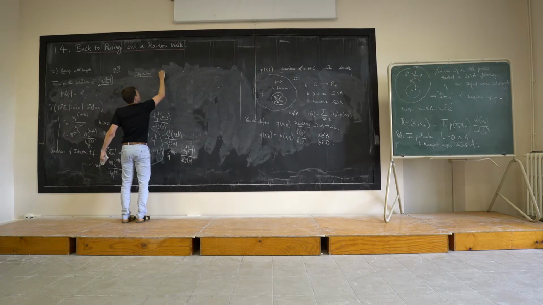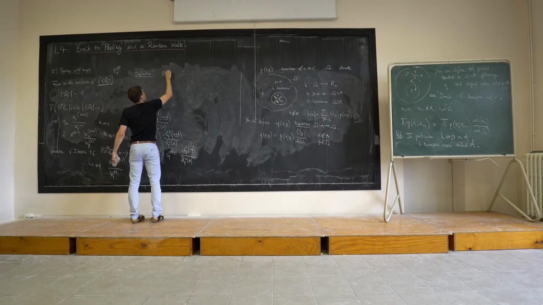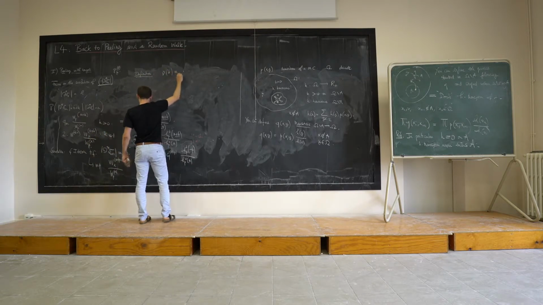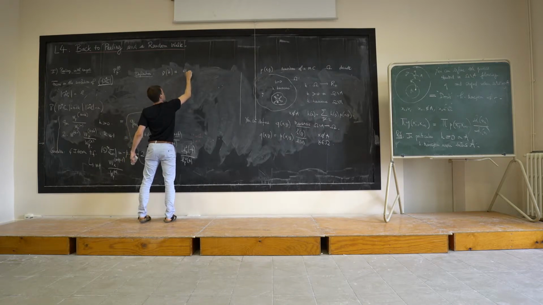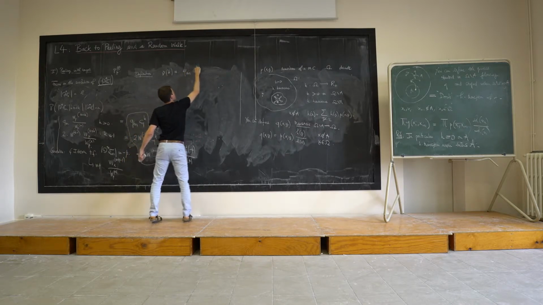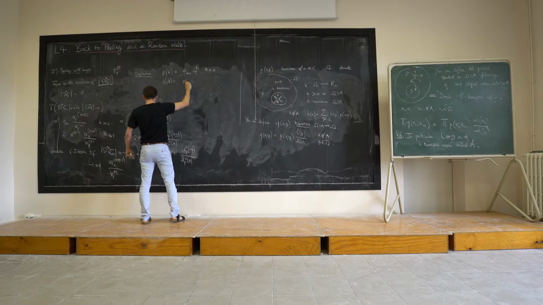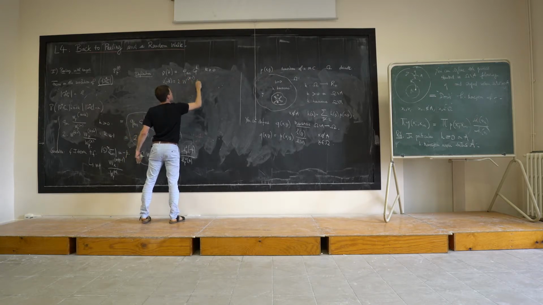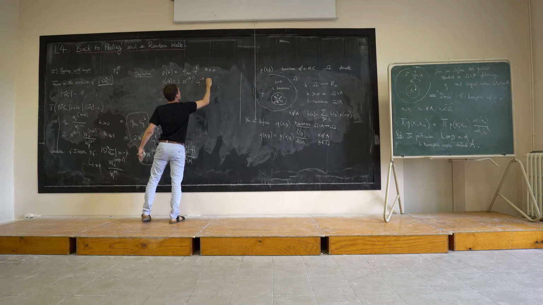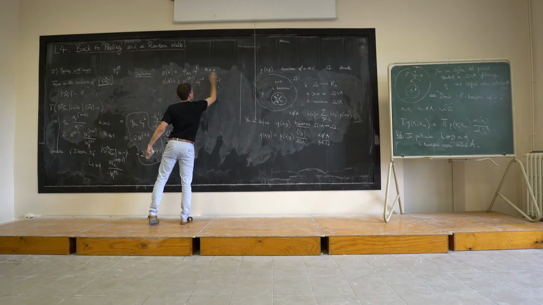Definition: nu defined by nu of k being q of k plus 1 times c q to the k for k bigger than 0, and nu of minus k being equal to w of 2k minus 1 times c q of minus k for k larger than 1.